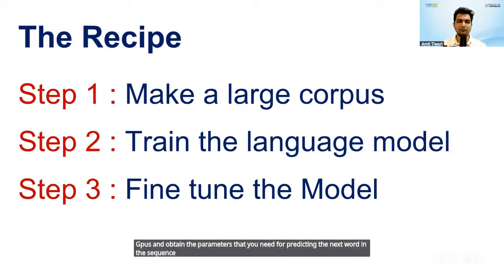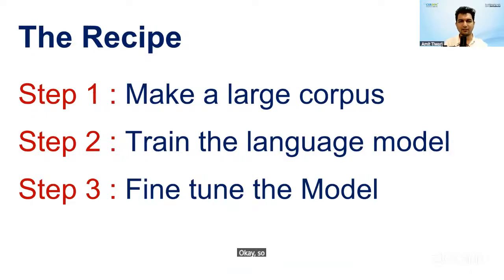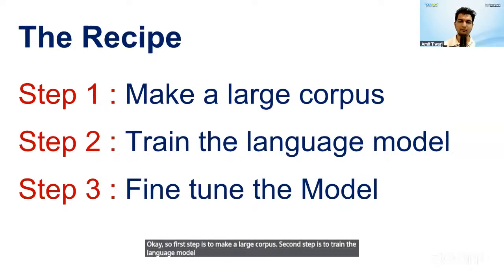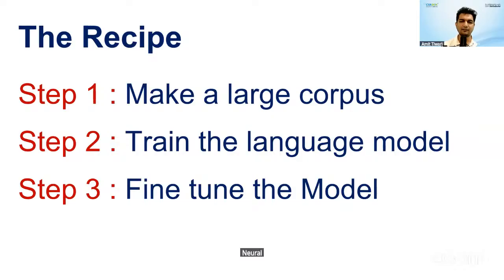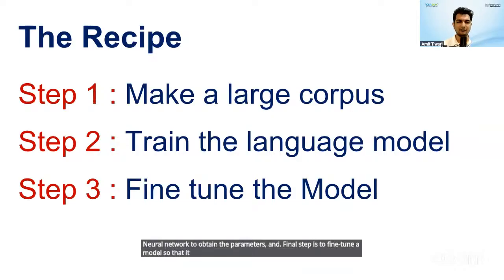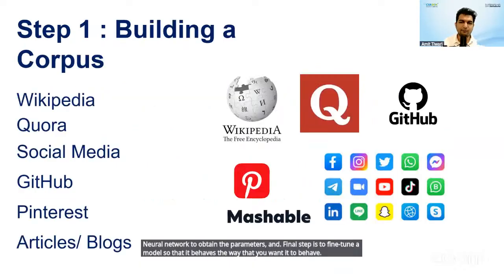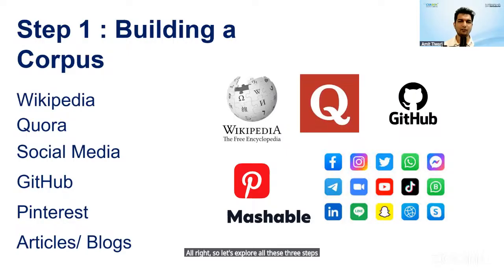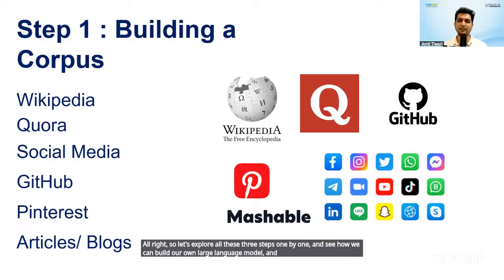And the final step is to fine tune the model so that it behaves the way that you want it to behave. All right, so let's explore all these three steps one by one and see how we can build our own large language model and how ChatGPT and Gemini have built their own models.